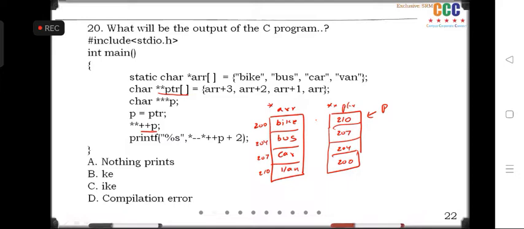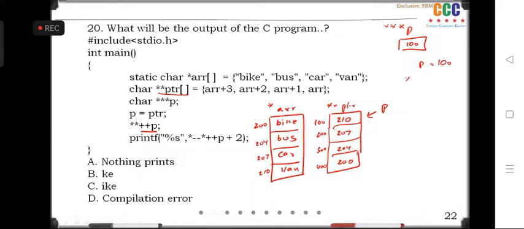So this is maybe at 100, 200, 300 and 400 at this location. Now your P is pointing to 100, right? So first, if I say P is pointing to 100, being a pointer to pointer to pointer. If I say star P, what is that?